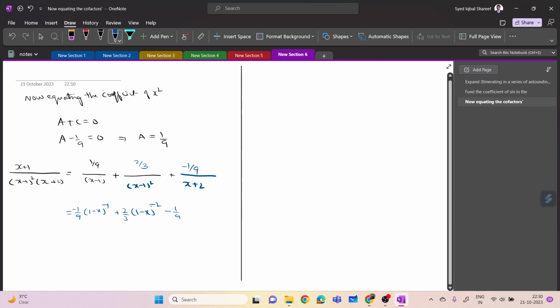If you take 2 common, 1 plus x by 2, and take the 9 to the numerator, this is 1 by 2, (1 plus x by 2) to the power of minus 1.